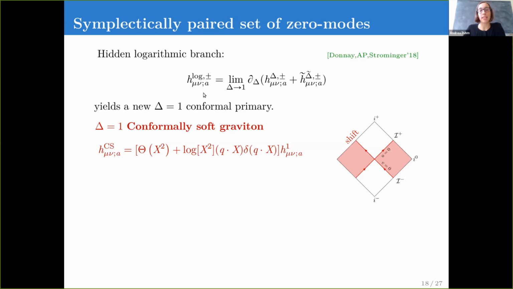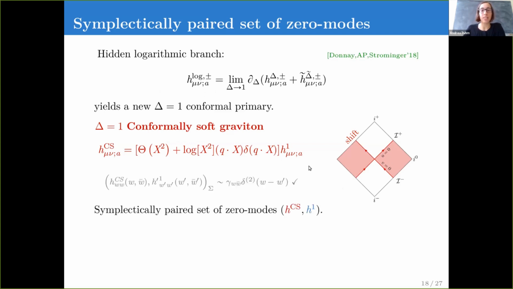And when taking a certain combination of in and out modes that does not decouple in scattering amplitudes, we arrive at the new conformal primary, which is the celestial analog of the soft graviton. So this dimension 1 conformally soft graviton is given by this distributional expression, and it can be visualized as a gravitational shock wave that has support along and outside the light cone of the origin.